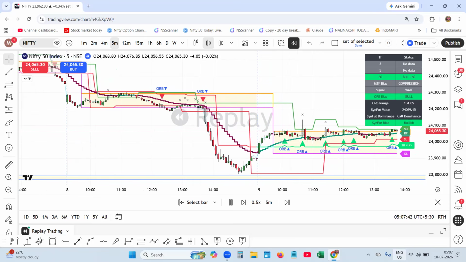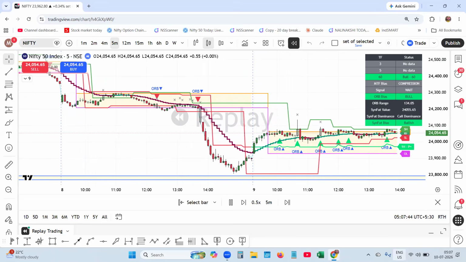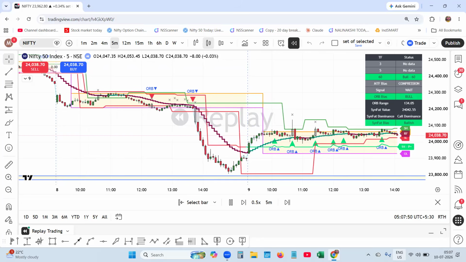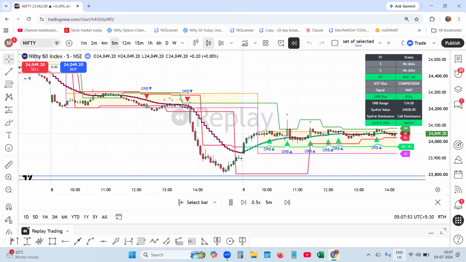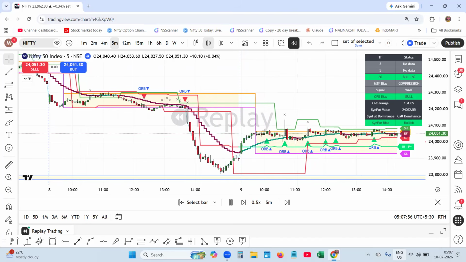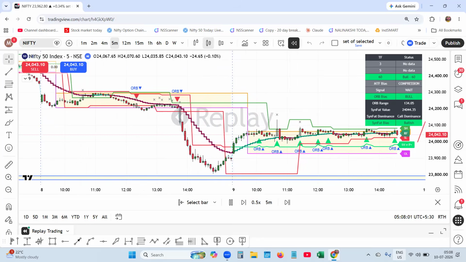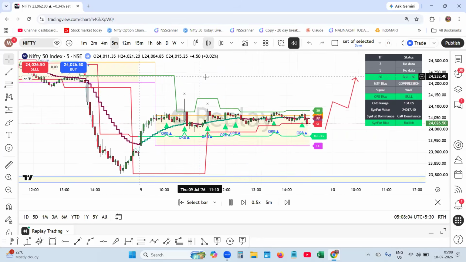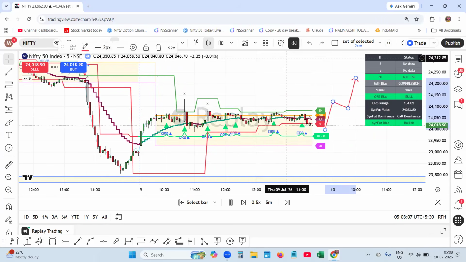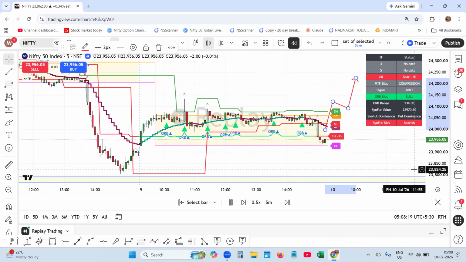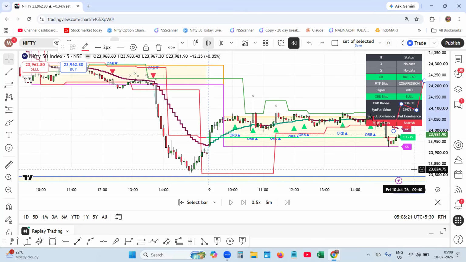Around 2 p.m. only market collapsed. After 2 p.m., 2:30 or something, market started collapsing and the put started gaining dominance actually. Let us see whether the table is updating that. See, so beautifully it updated: synthetic future bearish.